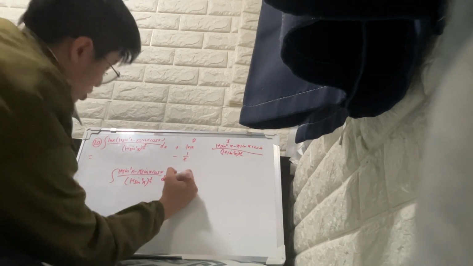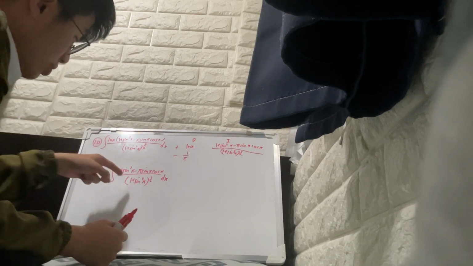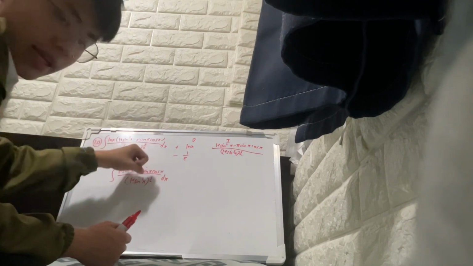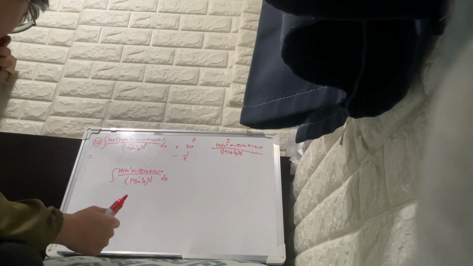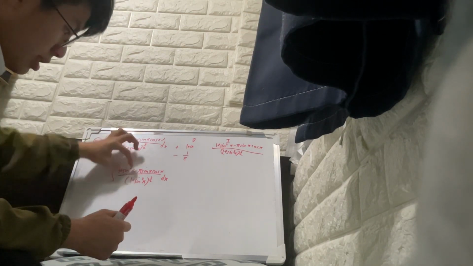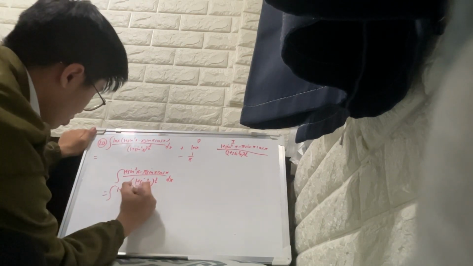But how can we do this? Use the quotient rule. First you get square root of this and then divided by another 1. Add them to be 3 over 2. The first step, you see, this is power of 1, right? So let me just factor it into 2 fractions.